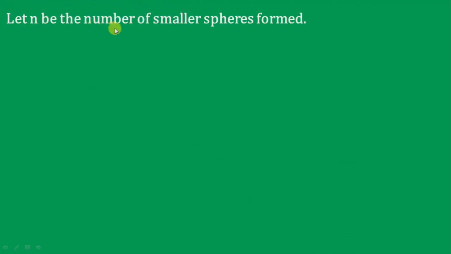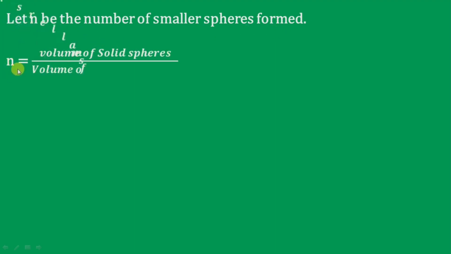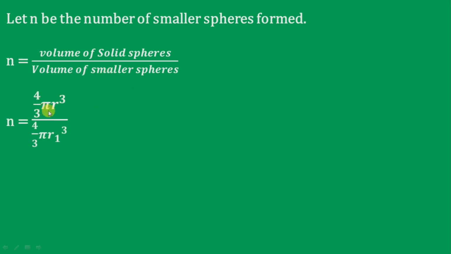Let n be the number of smaller spheres formed. Therefore, n is equal to volume of solid sphere divided by volume of smaller sphere. So 4 by 3 pi r cube divided by 4 by 3 pi r1 cube. 4 by 3 will get cancelled. Pi and pi will get cancelled.